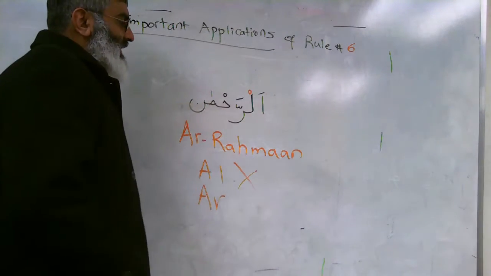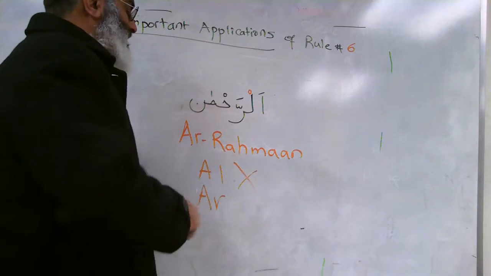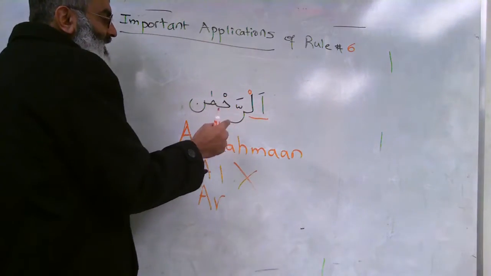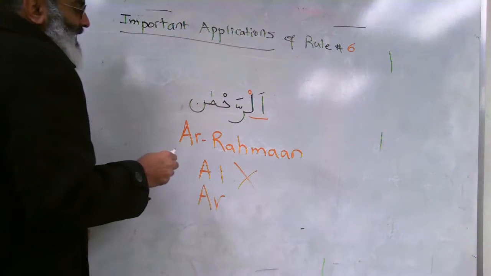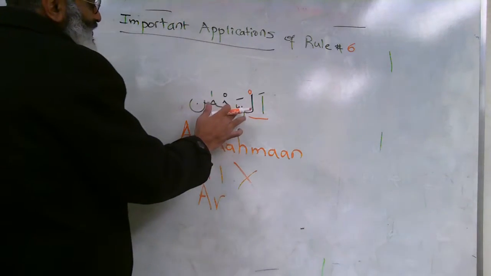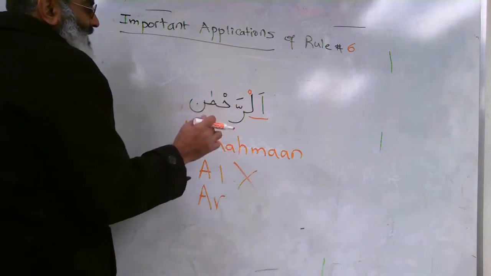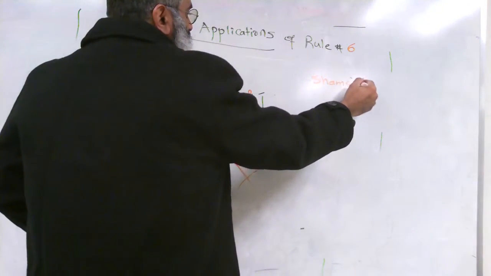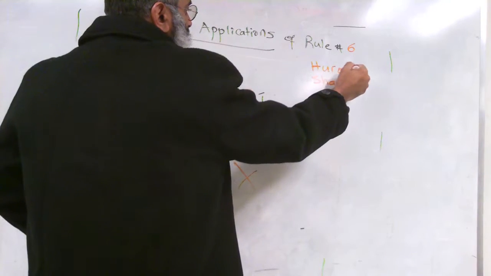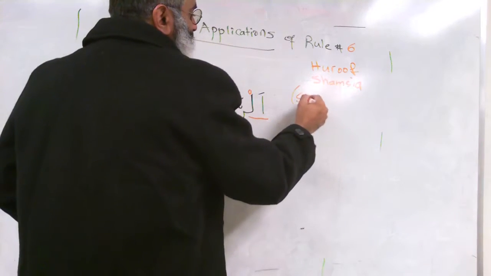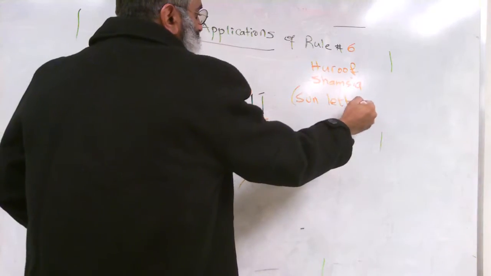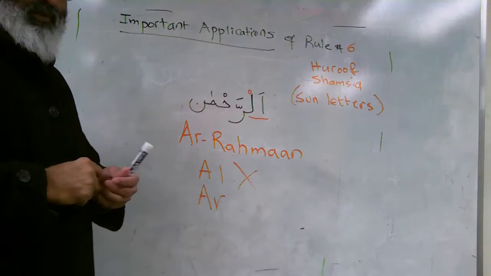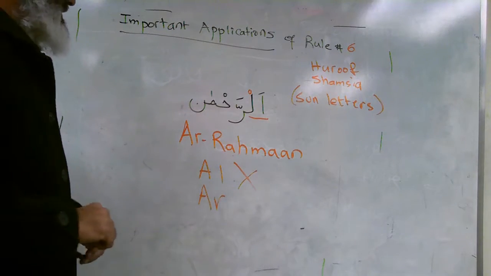And all of the Arabic letters coming after alif lam, if they have a shadda, then you need to skip saying lam. So all those letters which get shadda after alif lam are called huruf shamsiya, or in English, sun letters. The word sun is just used for the naming convention. It has no other importance.